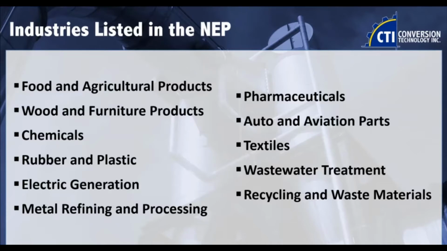Chemicals, which is quite a vague term for chemical manufacturing, rubber and plastics, metal refining, pharmaceuticals, textiles, auto and aviation parts, even recycling facilities and scrap yards due to the metal dust. The one thing to look at for everyone here, I definitely recommend going into OSHA's NEP, as it does provide a list based on SIC and NAICS codes of which industries they have determined have a history of combustible dust incidents or have the potential for one.